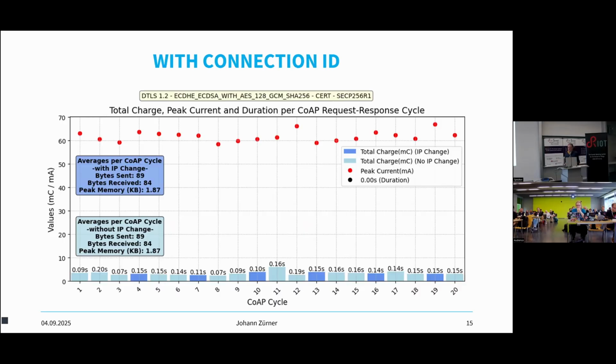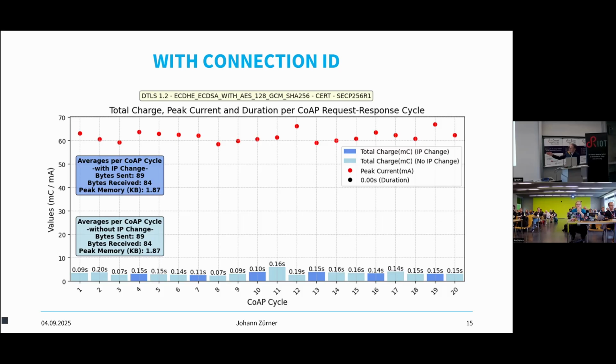Okay, so that's another slide showing traffic, the dark blue is showing traffic using connection ID. So in these bars, you see how long it took for the client sending an application packet and the server responding to it.